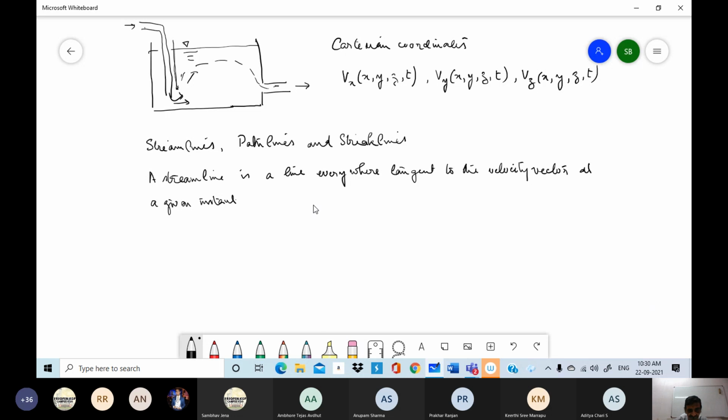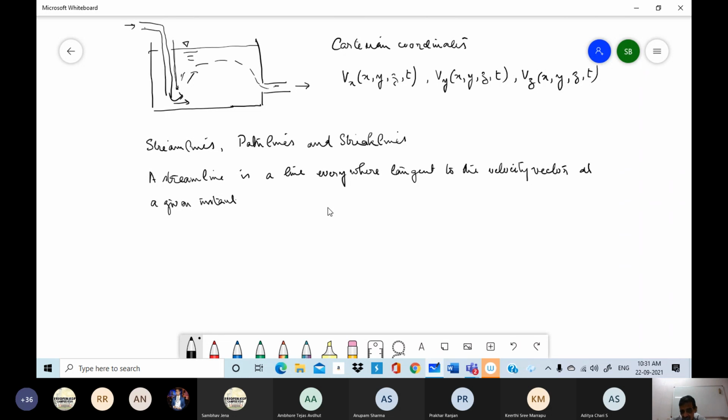So a streamline is a line which is everywhere tangent to the velocity vector. So at any position, the streamline is a line whose tangent is in the direction of the velocity vector. That means if you go in any direction normal to the streamline, there will be no component of velocity in that direction. The velocity is always tangent to the streamline.